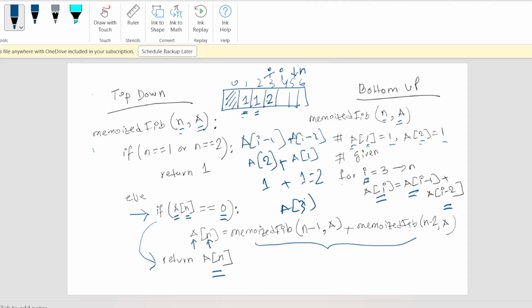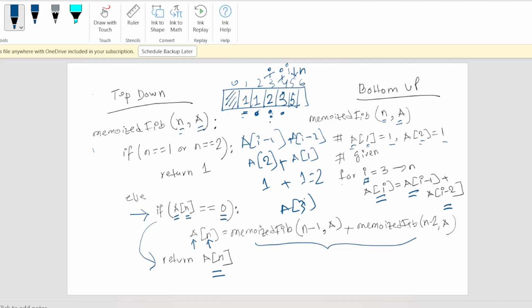Now I moves to 4, and we do the same thing inside AI. Inside this box, we store the summation of the previous 2 numbers, or the previous 2 values, 3. Then I moves to 5. Over here, we store the summation of the previous 2 terms, which is 5.